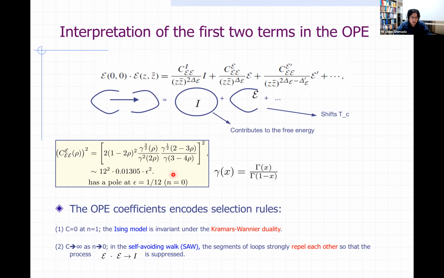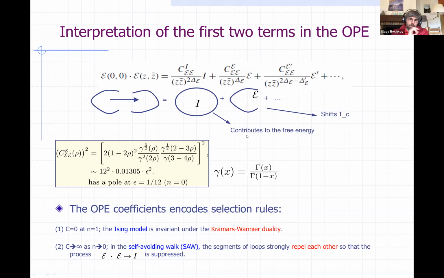And if n approaches 0, actually this structure constant has a pole at n equals 0 and diverges. This means repulsion between these energy operator bonds. This is the effect of this repulsion, because this loop is highly suppressed at n equals 0. So relatively the contribution of the energy operator dominates.